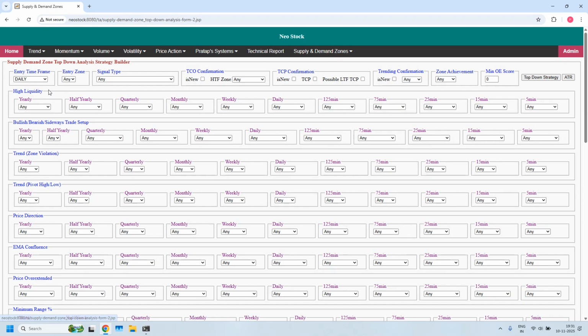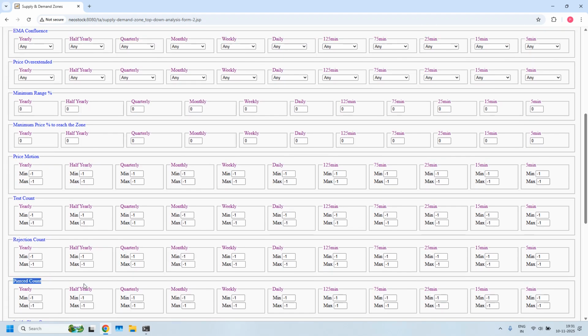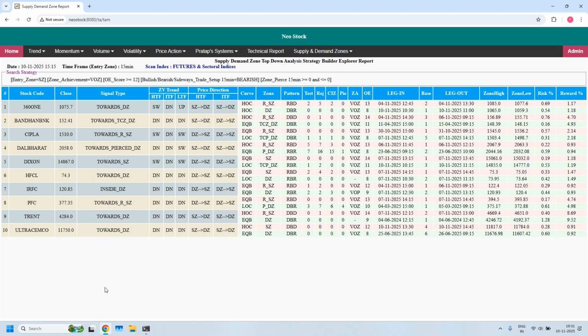Next, bearish trade setup, daily income trade, 15 minutes supply zone, bearish. Bearish trade setup for daily income trade.